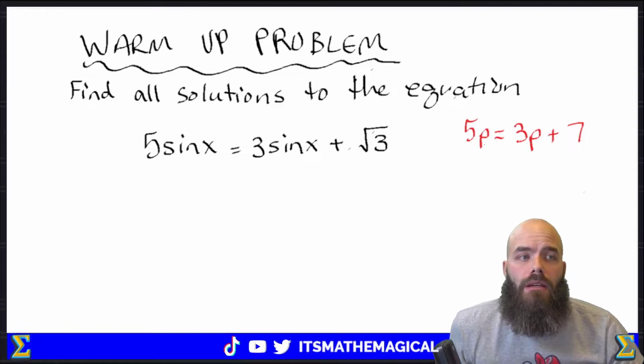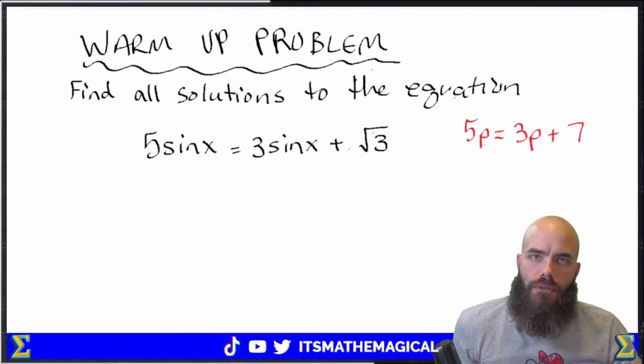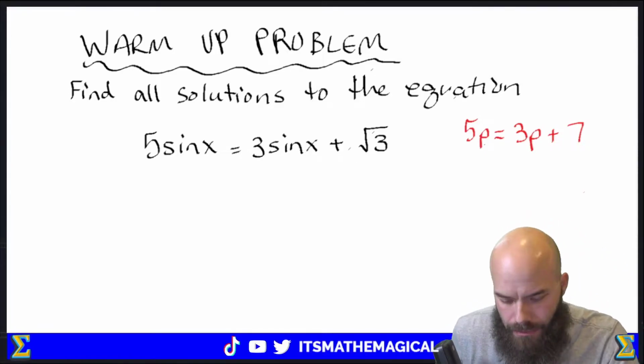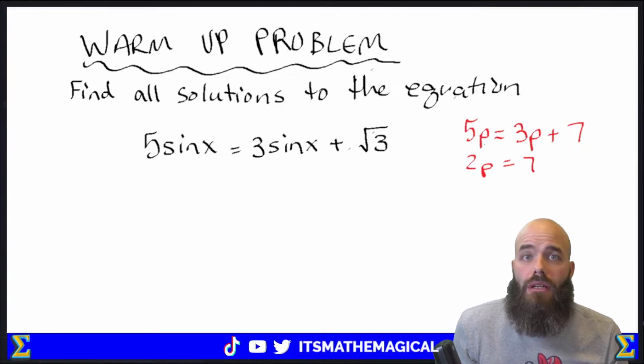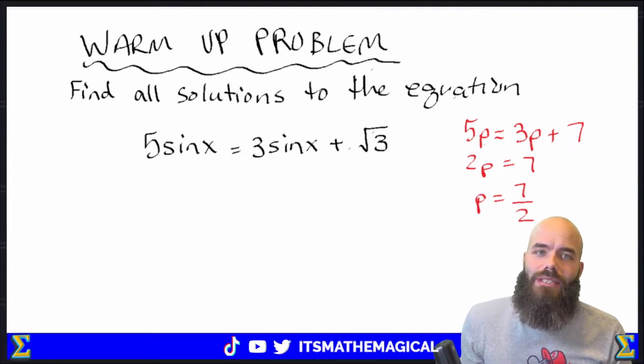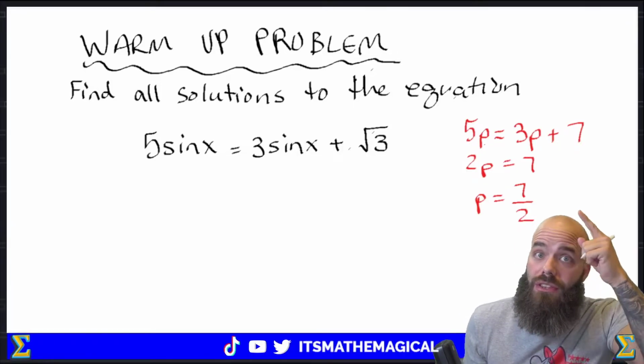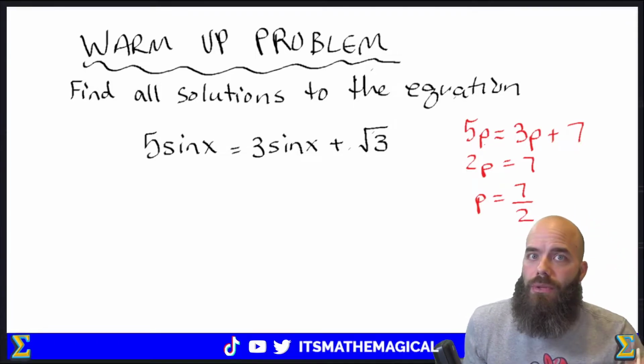What would you do? You would move over that 3p. You'd be left with 2p equals 7. You divide by the coefficient of p to get p by itself. p is equal to 7/2, or 3.5. So there's nothing difficult about this. We can agree with that.